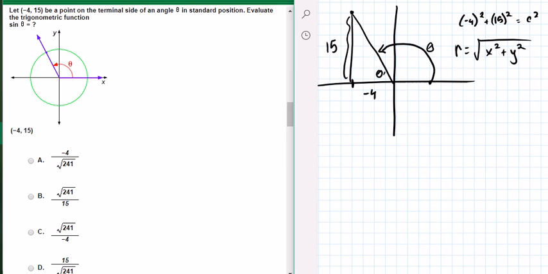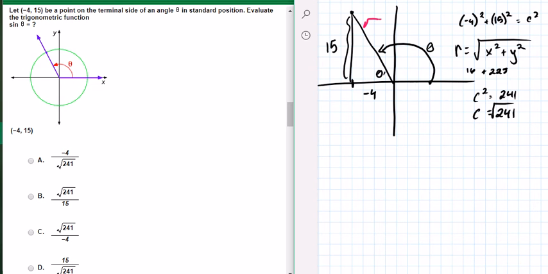So you should get 16 plus 225, and so c squared equals 241, c equals 241 to the 1/2 power, or the square root of 241. That does not reduce in radical form at all.